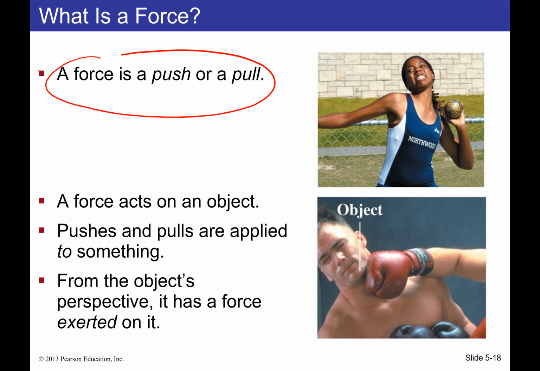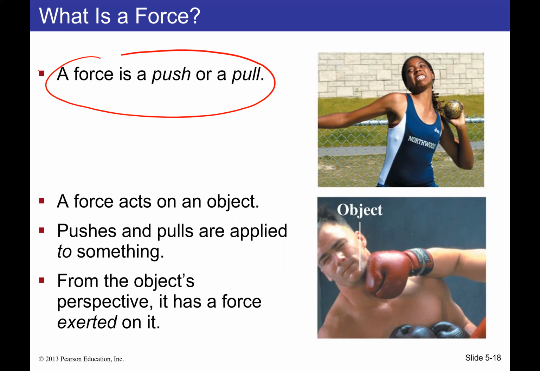And whoever does that pushing or pulling is then known as an agent. So force acts on an object. Pushes and pulls are applied to something, and from the object's perspective, it has a force exerted on it.